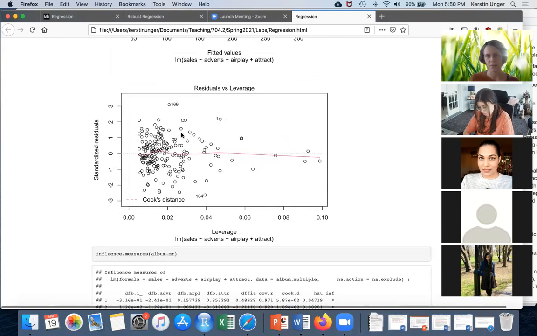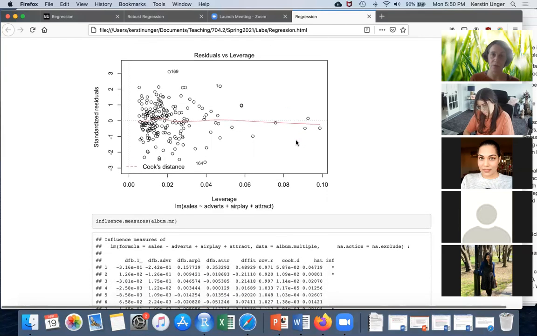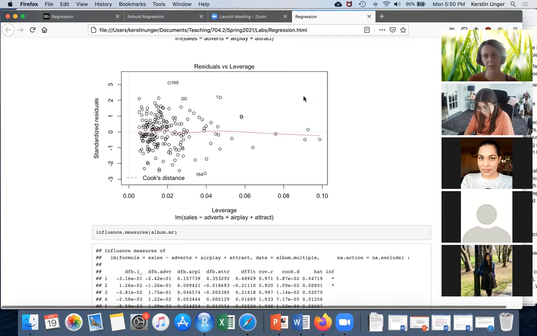And let's see the residuals versus leverage plot again. This is to determine whether we have any influential outliers in our data set. Just a reminder, we're not that concerned about outliers per se, but about those that are influential, that have a big impact on the regression model, on the coefficients. Those are data points that have large leverage and large residuals.